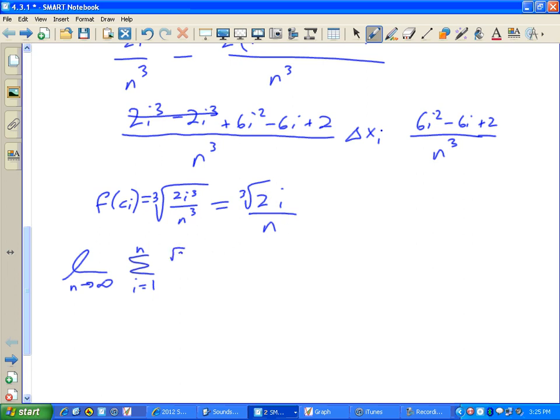So I'm going to have cube root of 2 over n times i. And then that gets multiplied by my width, which is 6i squared minus 6i plus 2 over n cubed.